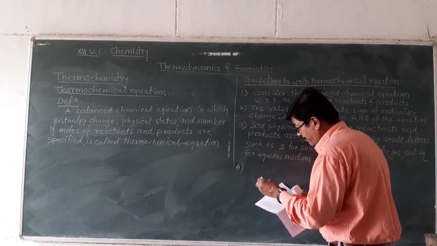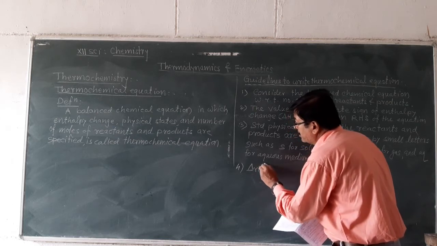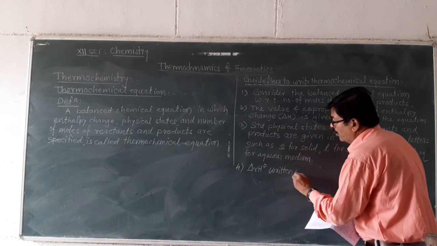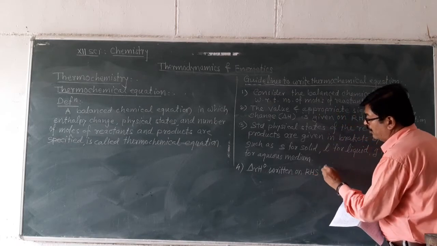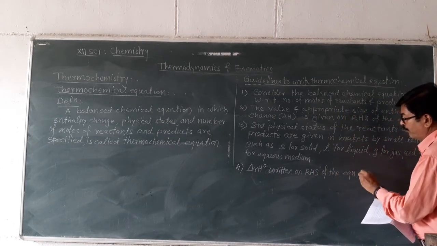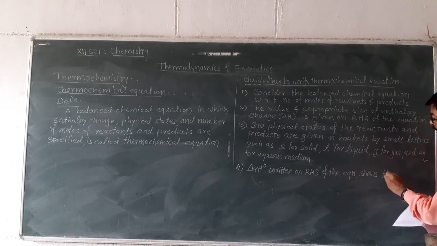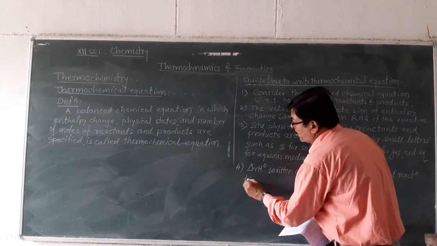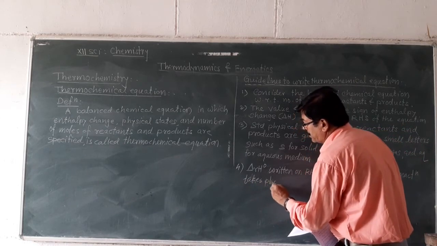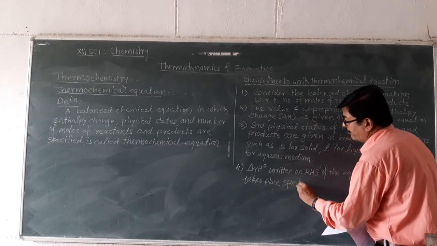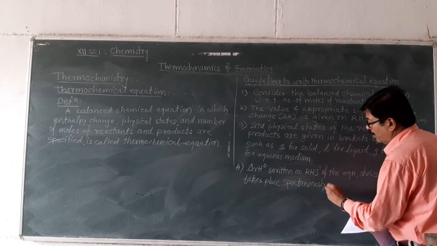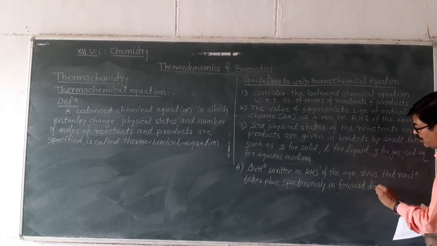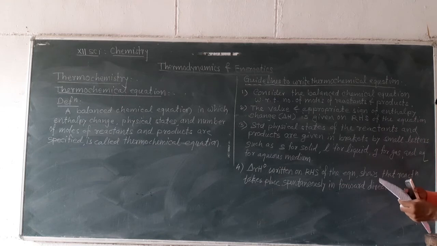Fourth point of rule: value of delta rH naught written on RHS side of the equation shows that reaction takes place spontaneously in forward direction.